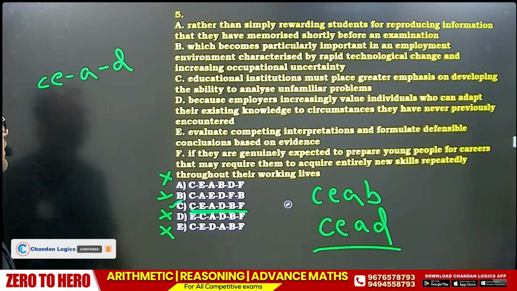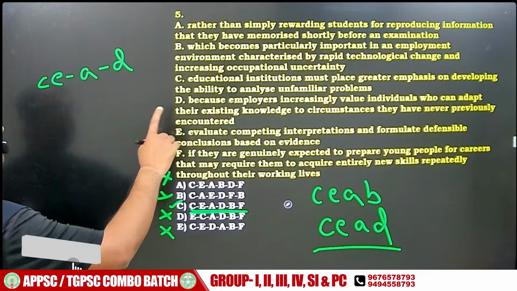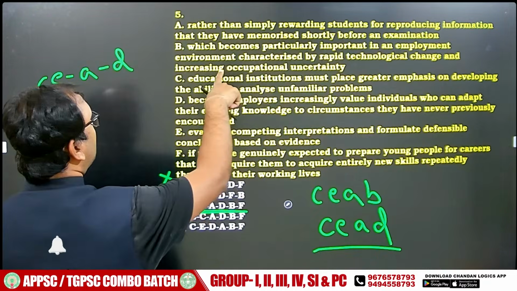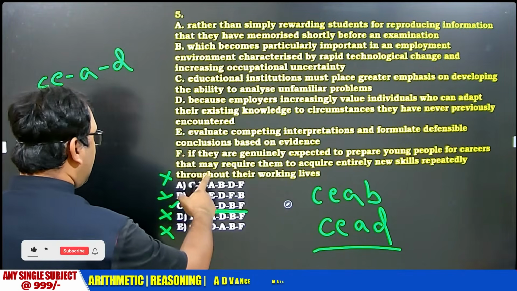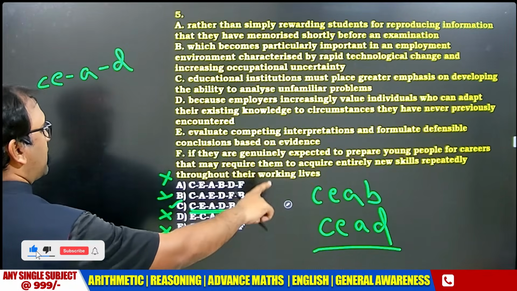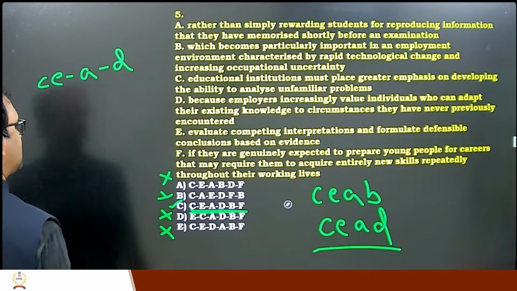To complete the reading, which becomes particularly important in an employment environment characterized by technological changes. If they are genuinely expected to prepare young people for careers, they may require them to acquire new skills. That is the sequence.